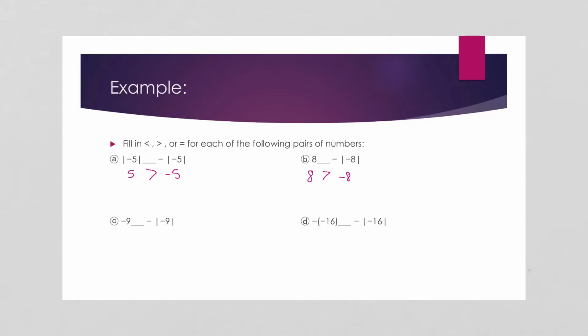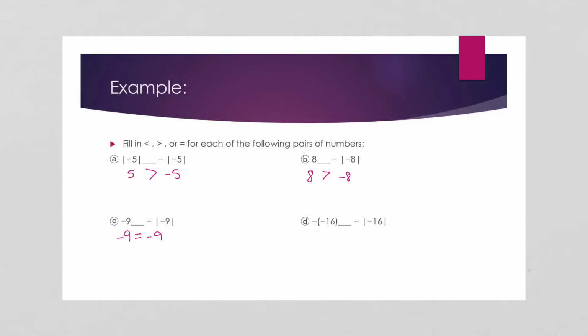Okay, so let's look at part C. I've got negative 9. There's no bars there or anything, so I'm just comparing negative 9 on that side. On the right side, I've got the absolute value of negative 9, which is positive 9, times the negative, which is negative 9. Those guys are equal to each other.